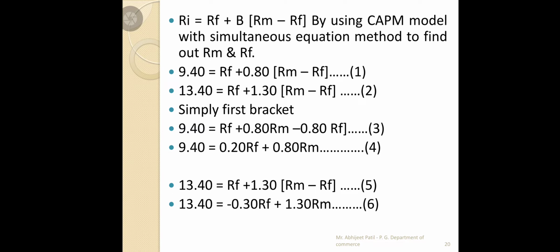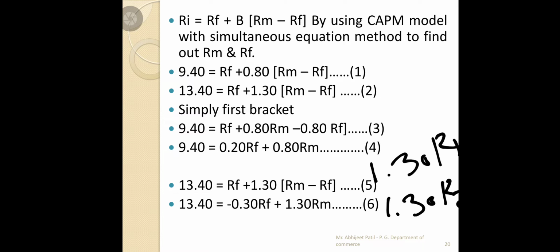Now we will move to the second equation. See that 13.40, simplifying the bracket, 1.30 into RM. So we can simplify that. The equation becomes 1.30 RM and 1.30 RF.